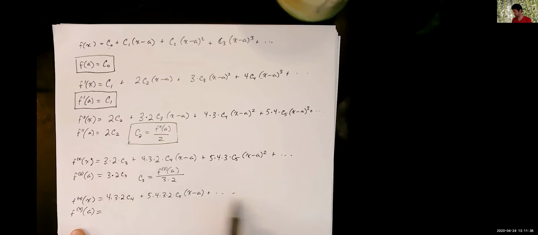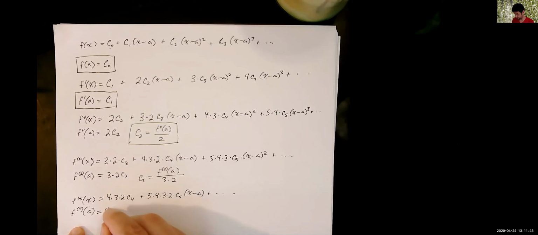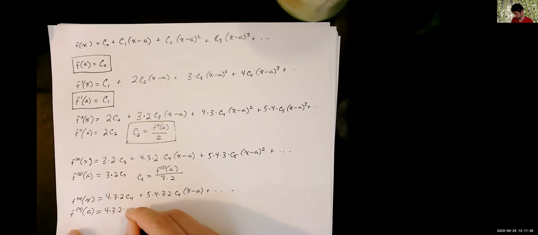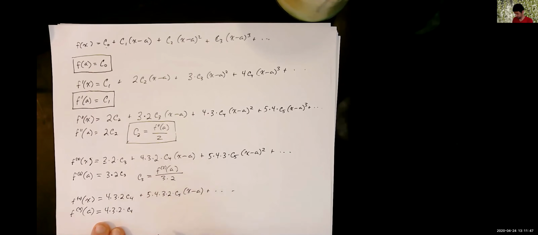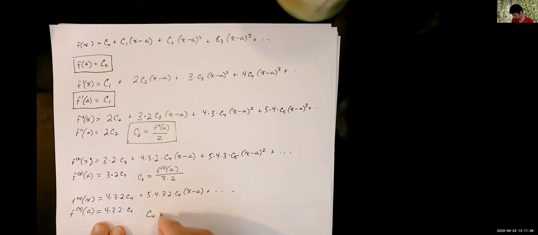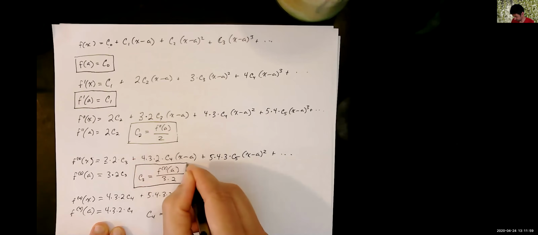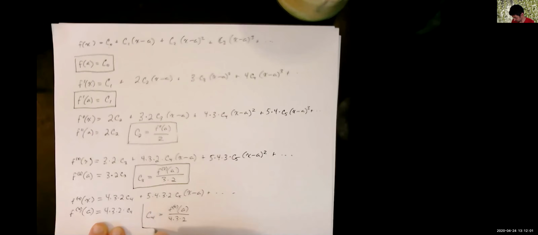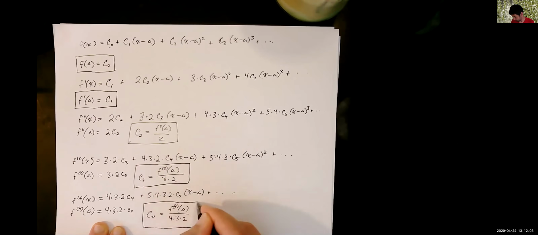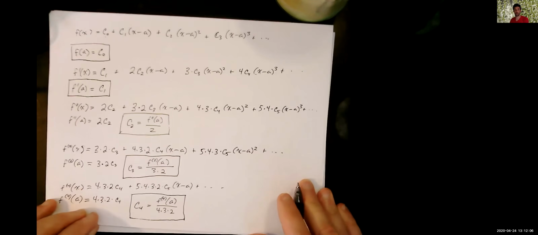In the series, everything past this term goes to 0, and we're left with 4 times 3 times 2 times c4, which means that c4 is equal to the fourth derivative of our function at a over 4 times 3 times 2. So there was our expression for c3. Here was our expression for c4.